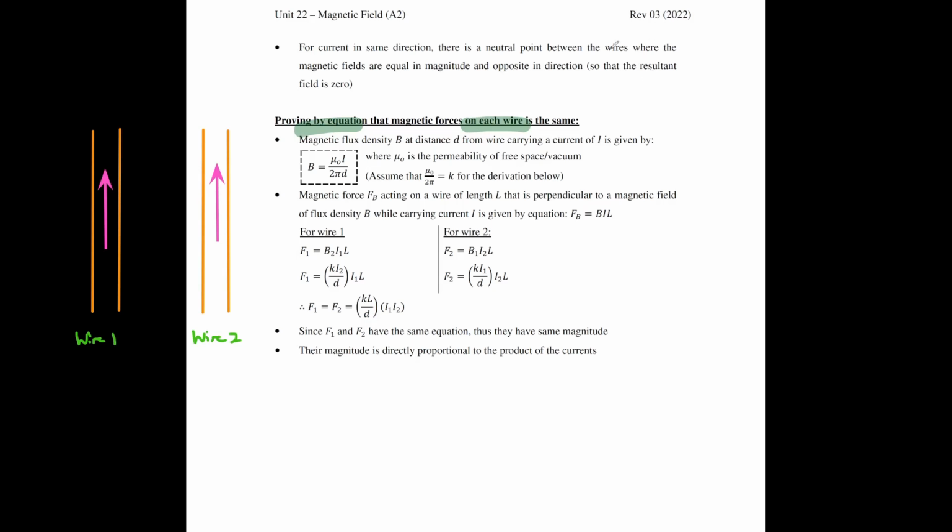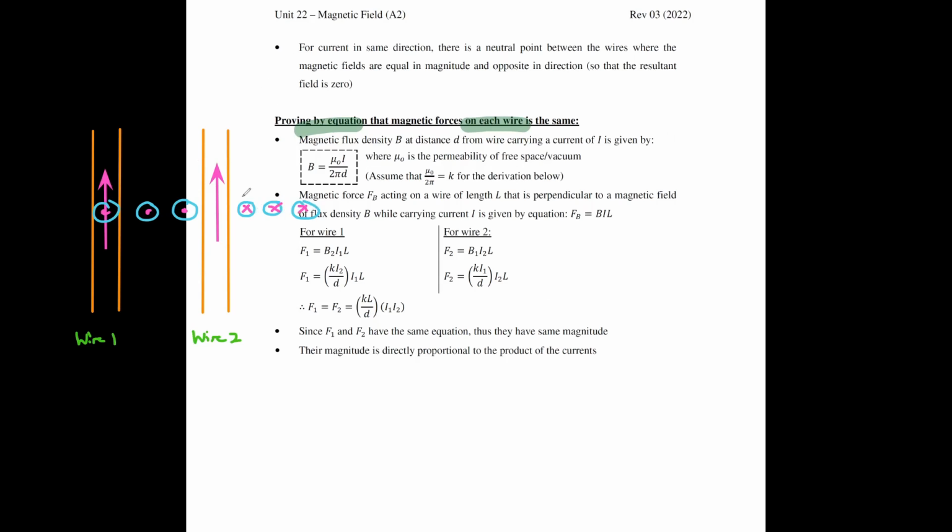The magnetic field caused by wire 2 will be in the form of concentric circles like this. If I use the right-hand grip rule, the magnetic field will be coming out of the plane of the page over this side and going into the plane of the page over at this side.